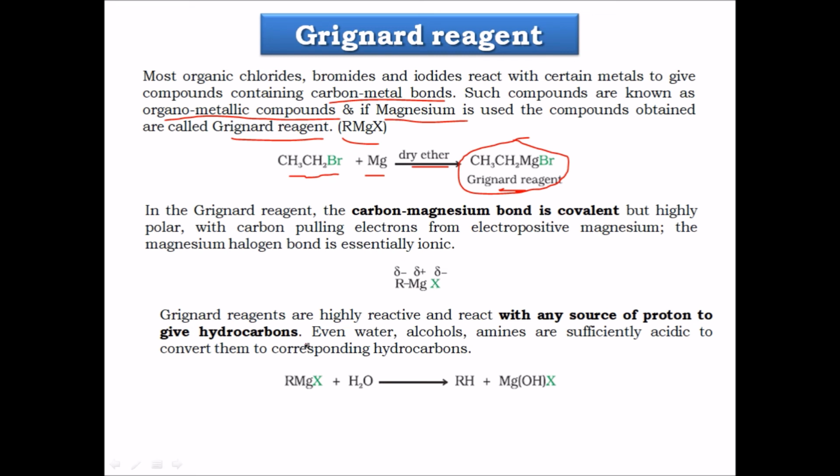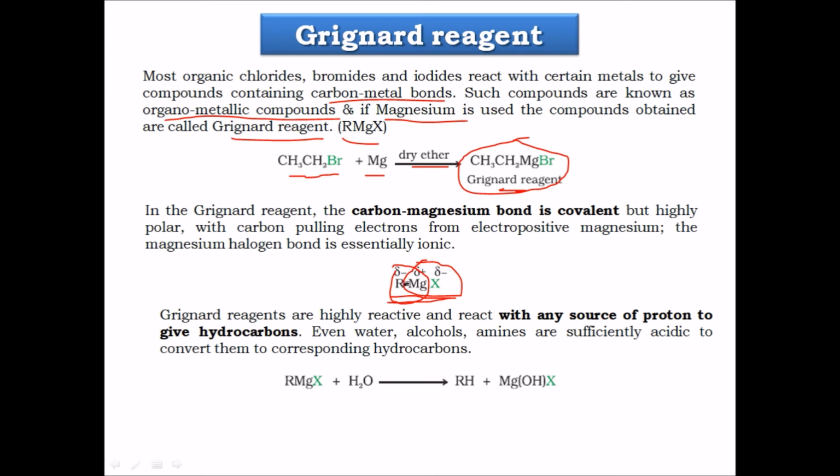Before going to the reaction, let me take the structure of this RMgX. If you write the charge separation and the bonding between carbon, magnesium and halogen, the bond between magnesium and halogen is ionic. Between carbon and magnesium there is a covalent bond, and in this covalent bond the bonding electrons are more towards carbon, which is more negative compared to magnesium.